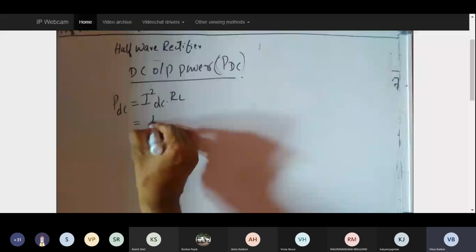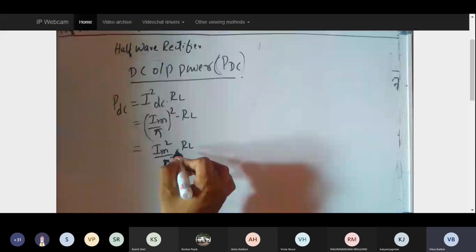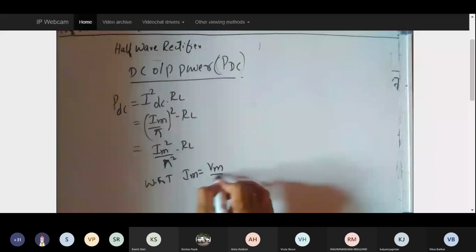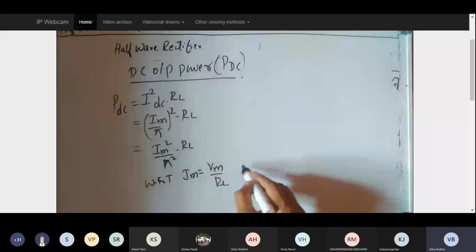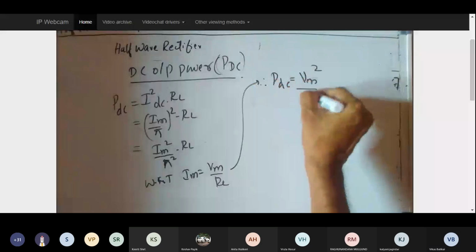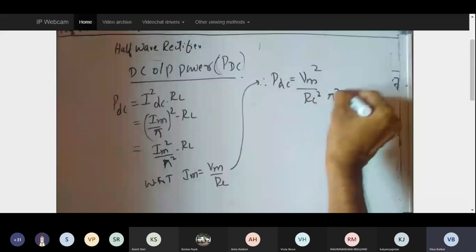Maybe I can represent Im in terms of Vm. How do I represent Im in terms of Vm? We know that Im is equal to Vm by RL. Therefore PDC is equal to Vm square by RL square into pi square into RL. In place of Im, I put Vm by RL, so it gets squared, pi square remains, and this RL will be there.